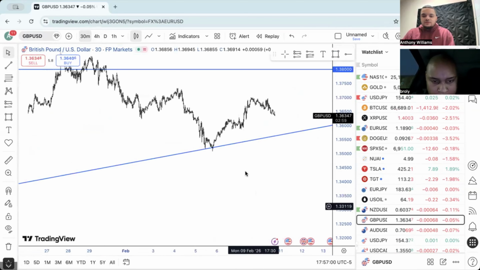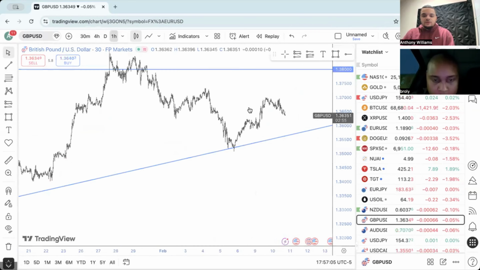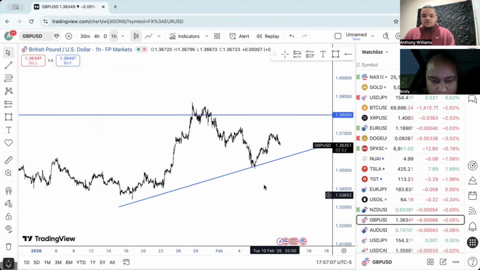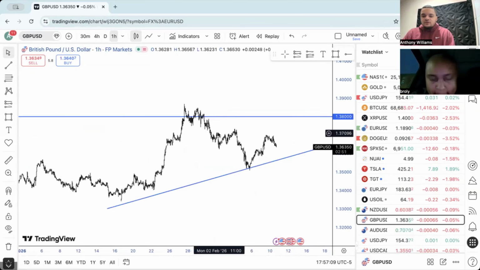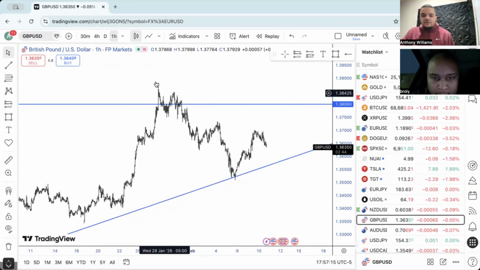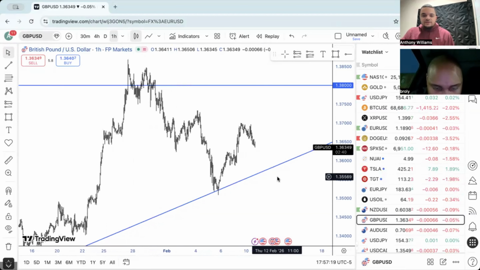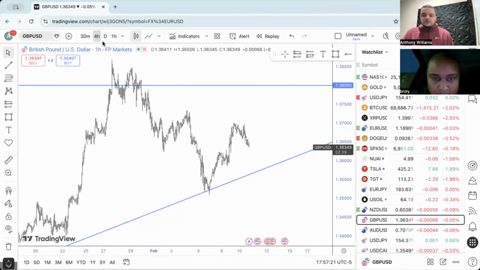But for some reason, when we touched up here in this area, oh, you're on the hourly. You touched up here in this area. So once it touched this 1.38 thousand area, it's basically like, hey, we wanted to come here. Now we just want to sell off. So I can see the sales. You see the sales on the 4 hour.